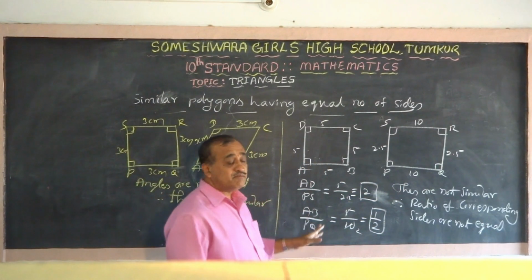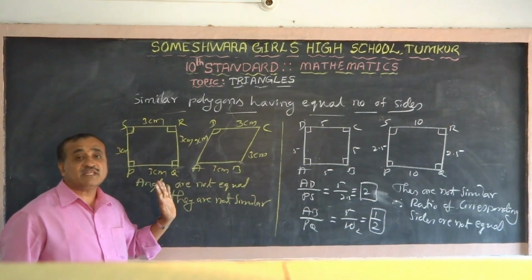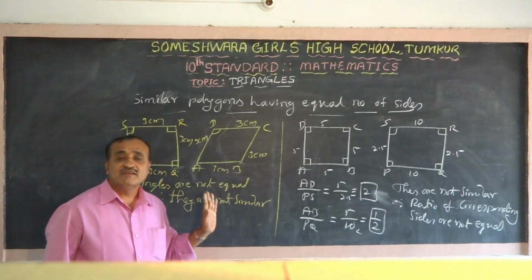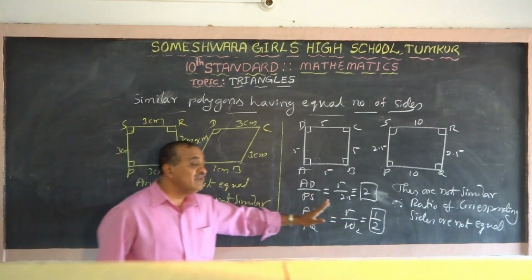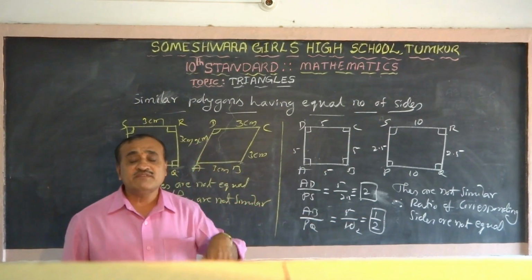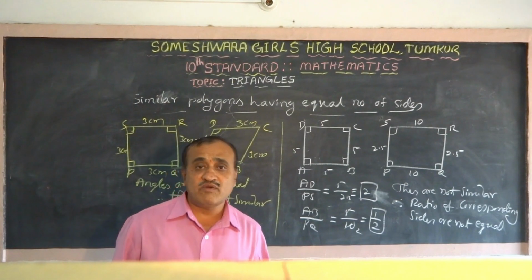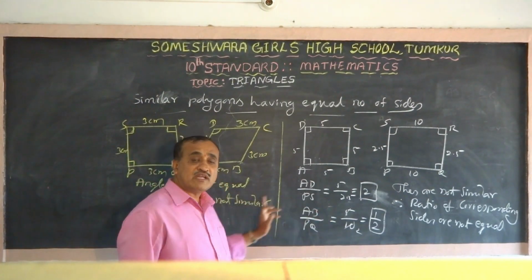Hence they are not similar. ನೋಡಿ ಇದು similar ಅಲ್ಲ, ಇದು similar ಅಲ್ಲ. ಯಾಕೆ ಎರಡು similar ಅಲ್ಲ? ಇಲ್ಲಿ angles are not equal. Here the ratio of the corresponding sides are not equal. Therefore, these two are not similar.